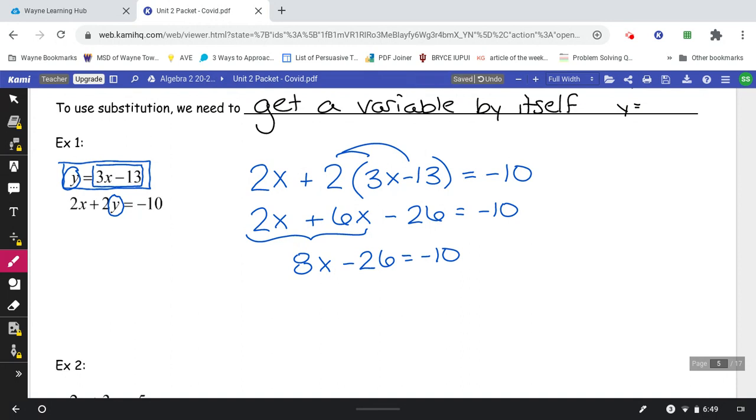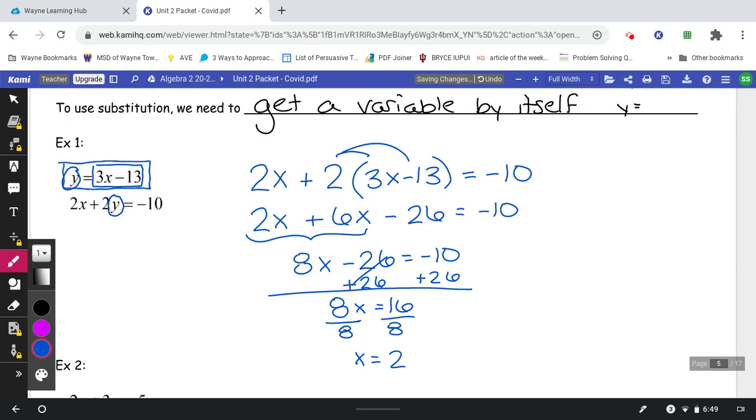And then I'll continue to solve. I get an answer of x equals 2.